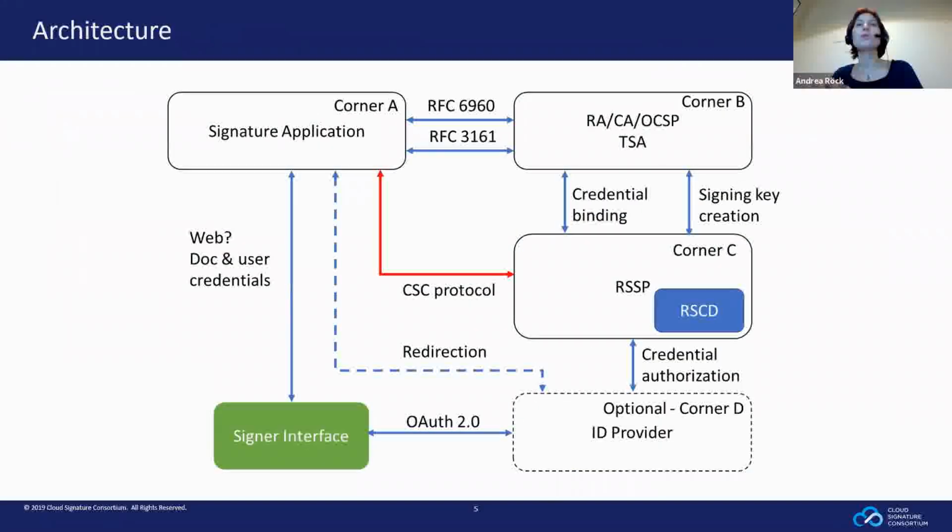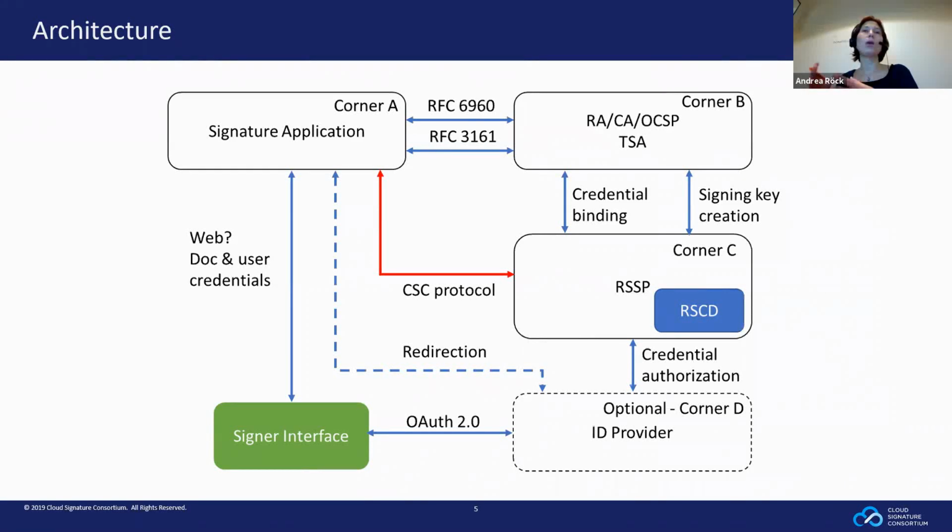Then I just want to shortly explain the architecture where we find the CSC protocol. We have a signature application that normally has the document, shows it to the user, and then the user says, okay, I want to sign. The problem is the application probably does not itself manage the keys. So what can it do?